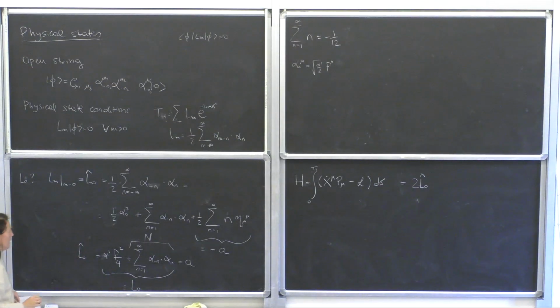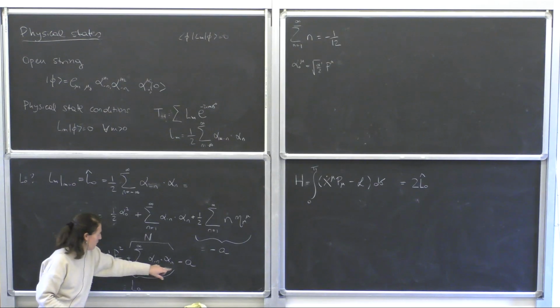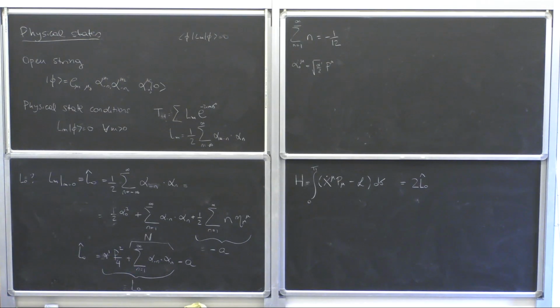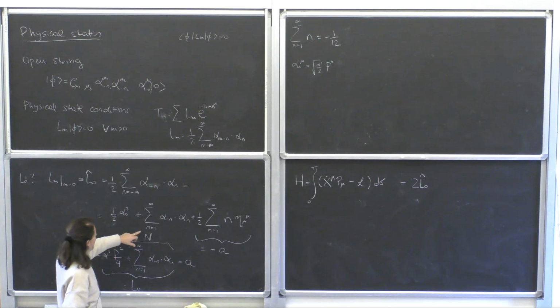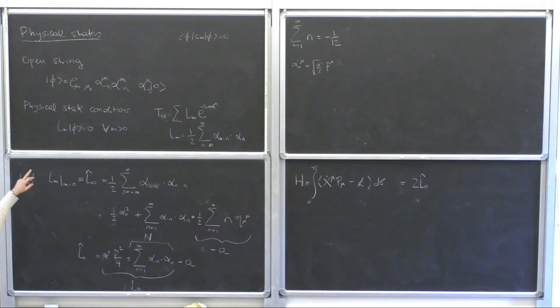And as you will see, this counts the number of oscillations that you have. So if you have a state like that, the eigenvalue of this operator n will be n1 plus n2 plus nj. It's not very hard to see, and we'll see it in one example so that you get convinced.